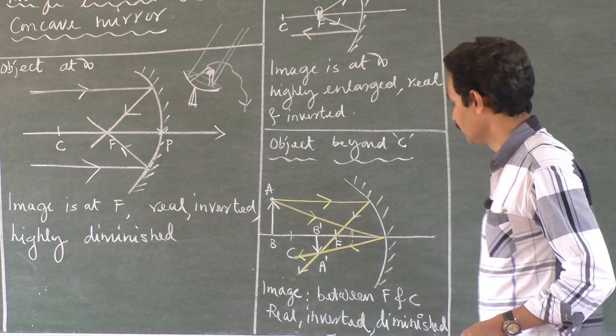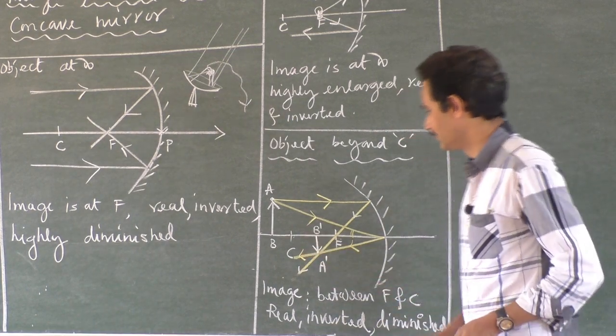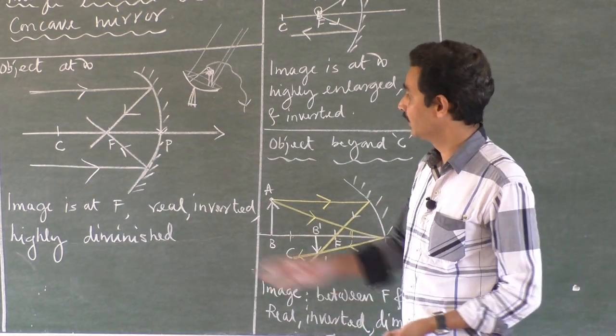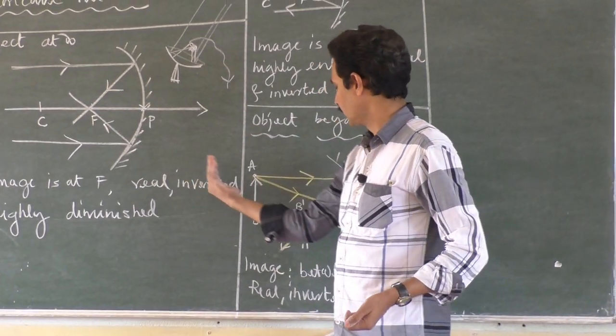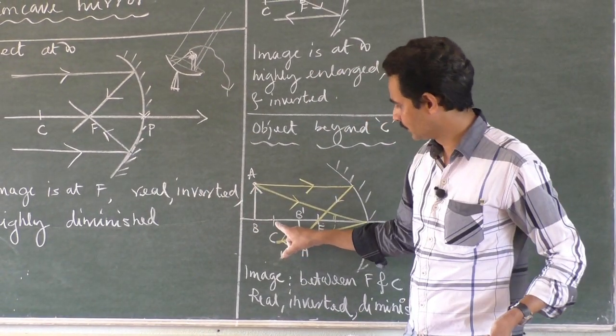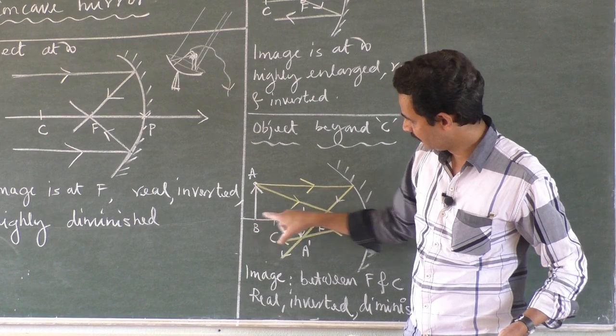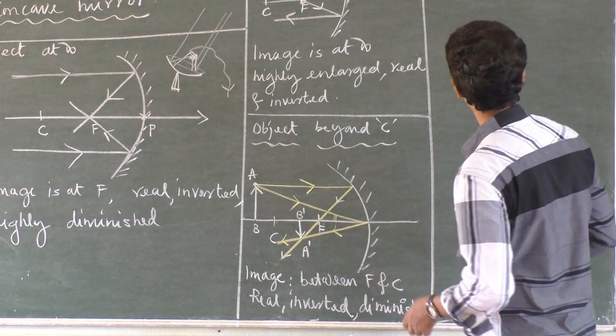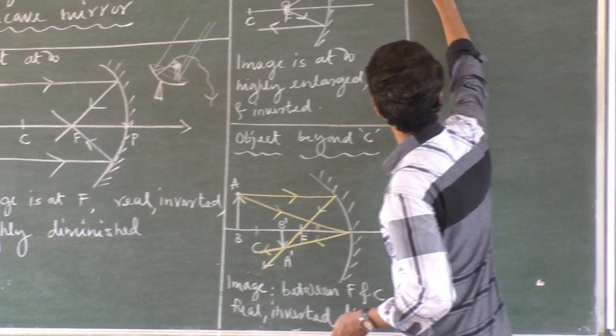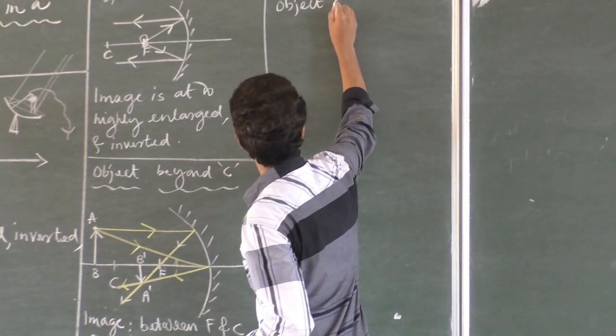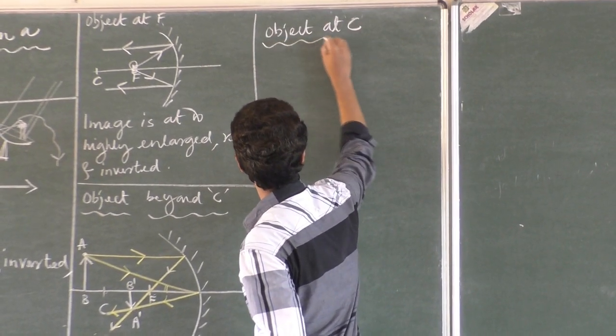Okay. Now we will go for an object at C. We were at infinity, far away. We brought it towards the mirror, up to a distance close to C. Now we will keep it at C, at the center.